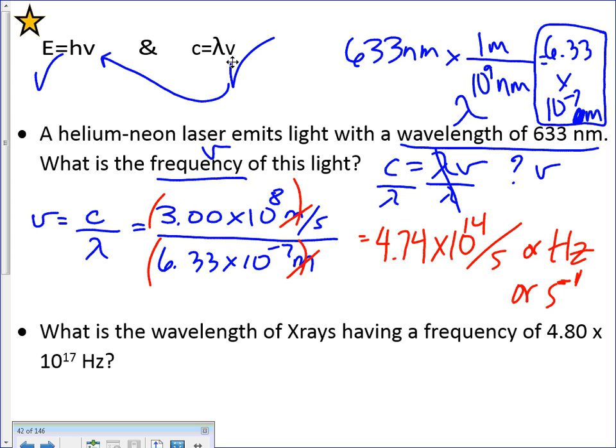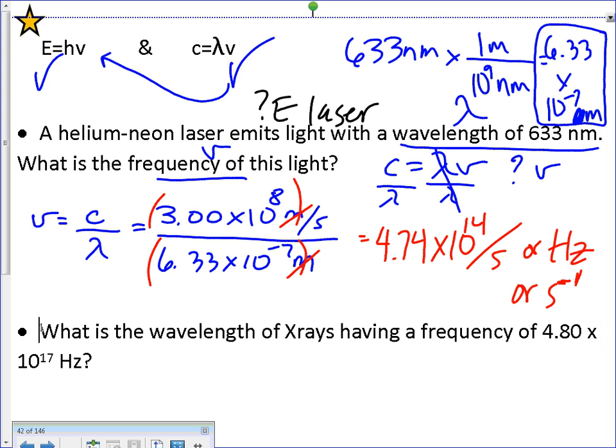Okay, so again, we know how to get from nanometers to meters to frequency. Using this same information, let's calculate the energy of that laser. My next question, which I'm adding here, is: what's the energy of the laser? Knowing that information, what equation are we using?